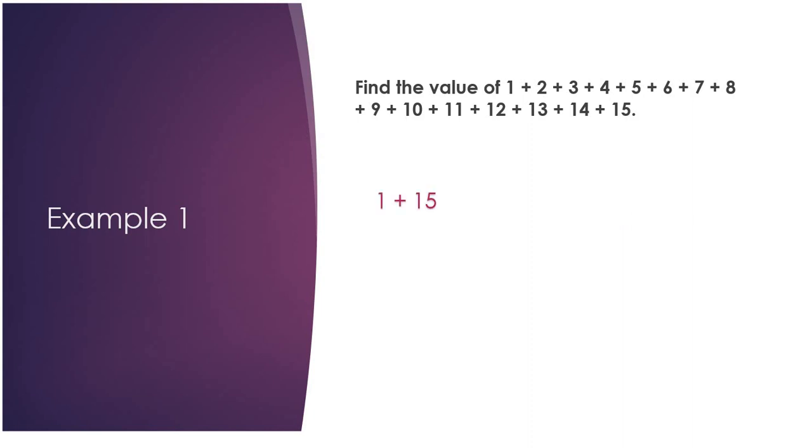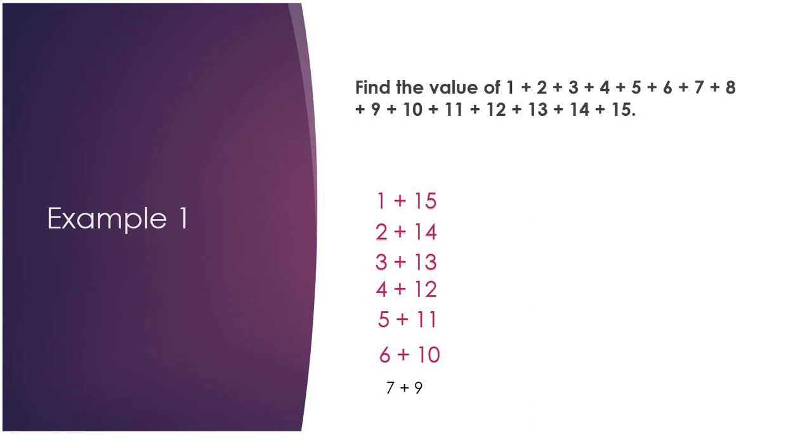So we have 1 plus 15, 2 plus 14, 3 plus 13, 4 plus 12, 5 plus 11, 6 plus 10, and 7 plus 9, which all equal 16 each pair, right?